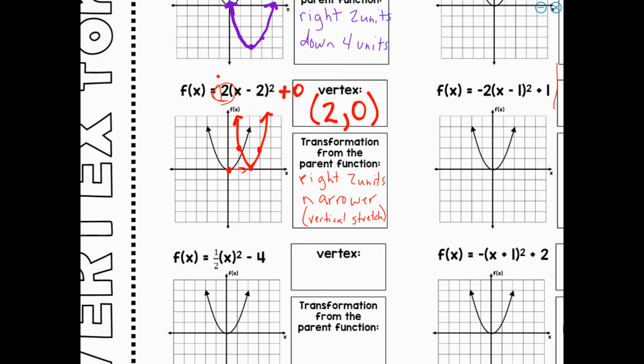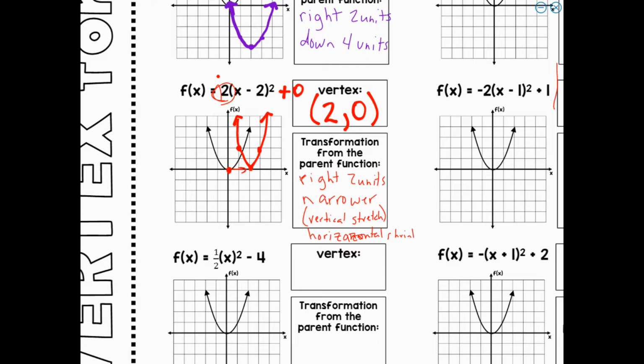Okay, vertical stretch. If there are no parentheses and there's a number with no parentheses, then we figured this out last class, horizontal shrink. I don't know how to spell horizontal.